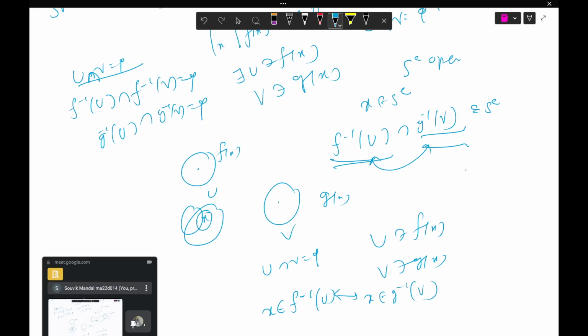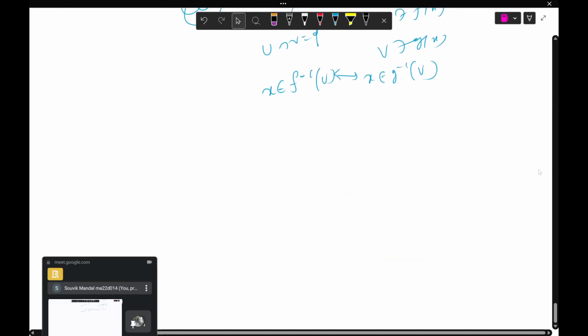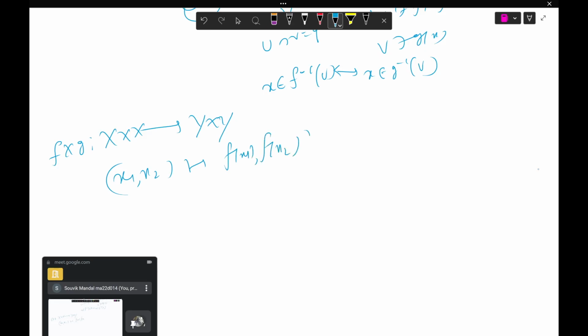So that's why it is not difficult to show that f inverse U intersection g inverse V is a substantial expansion. And it can also be done in a symmetric way. Since f and g are given, we can consider the map f cross g from X cross X to Y cross Y, (x1, x2) goes to (fx1, gx2). Since f and g are continuous, f cross g is continuous.